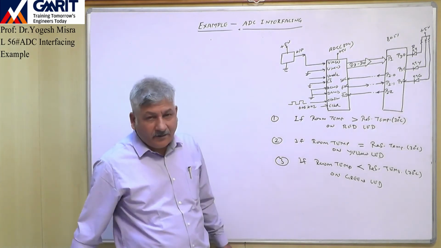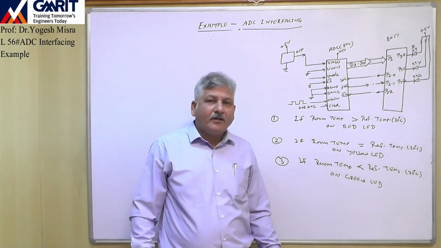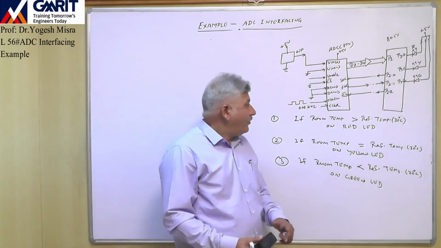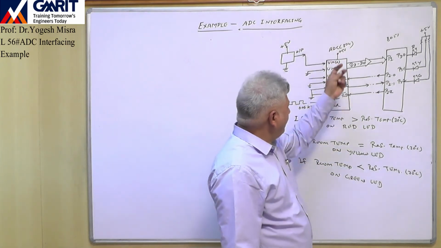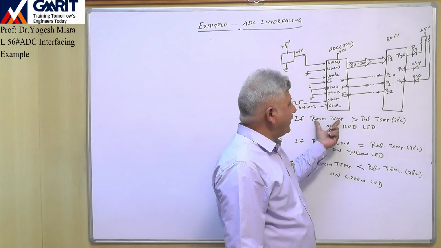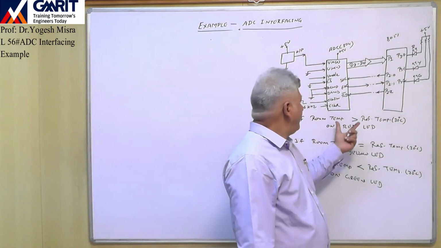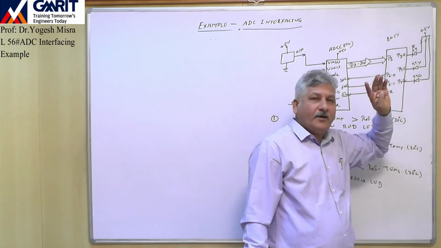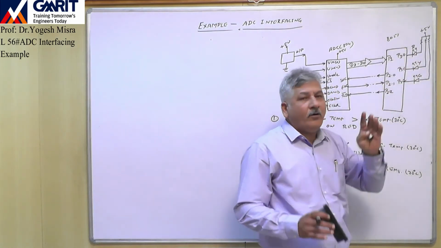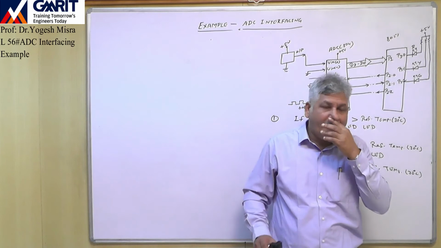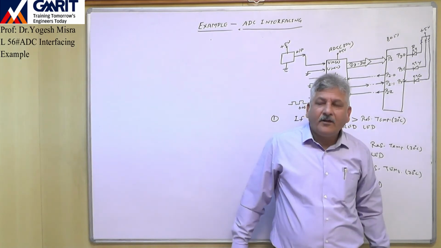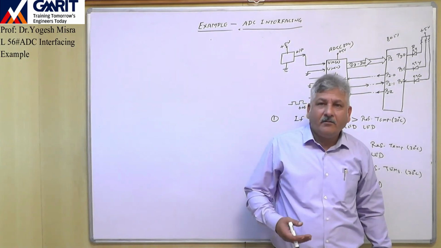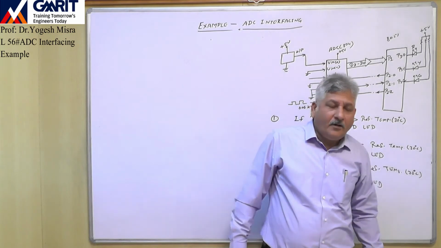And we will sample this after some delay, right? For example, suppose we sense the temperature. If the room temperature is greater than the reference temperature, then we will make the red LED on, and yellow and green will remain off, and it will remain on for some duration, like 5 seconds, 1 second or 3 seconds, right.